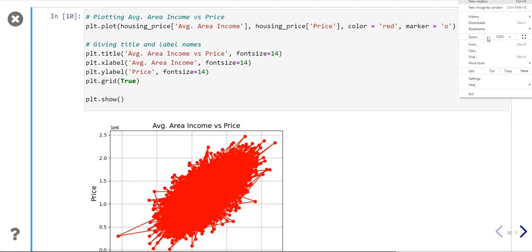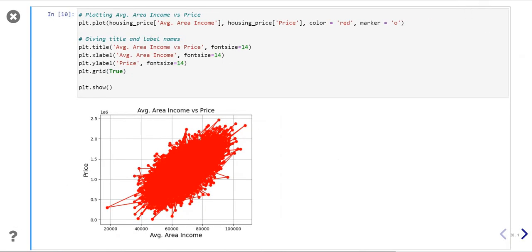So let's see. You're able to see the font size, you can see the price, you can see the average area income. One question: this type of plotting that we are doing now, is it univariate, bivariate or multivariate?